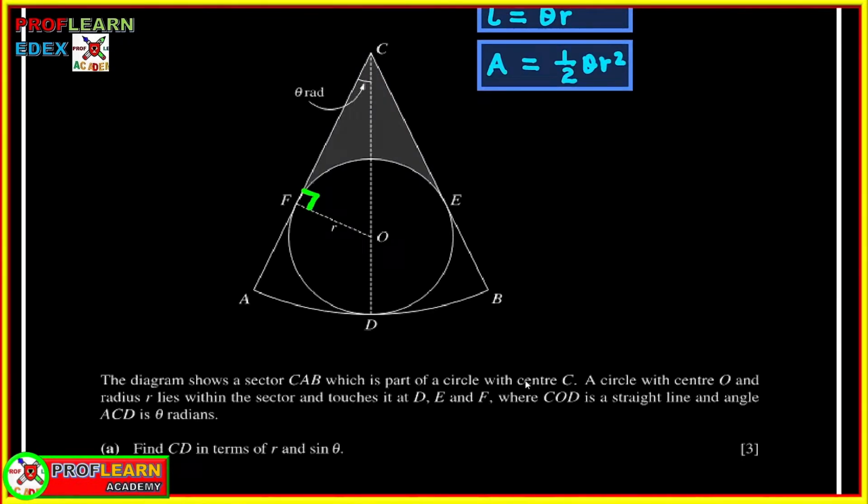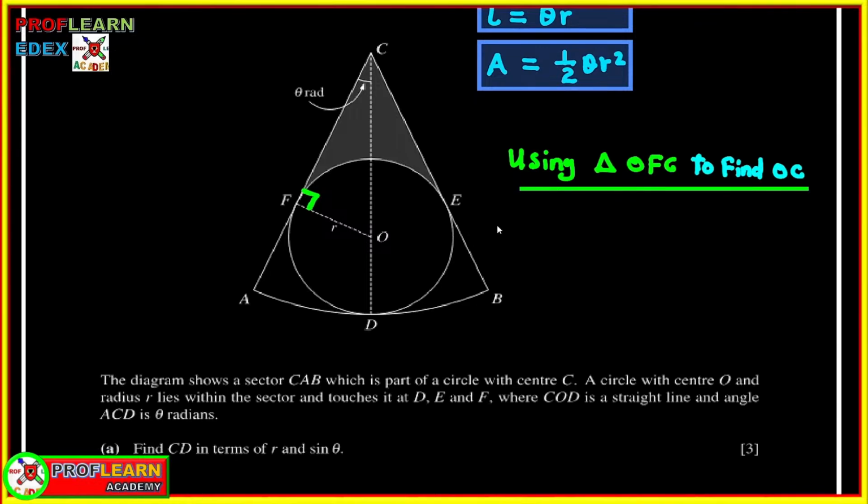CD, you can see from C to D, we have the length CO, then OD. But for us to find CD, first we need to find CO using the triangle that we have at that particular point. So using triangle OFC, this is a right angle triangle.